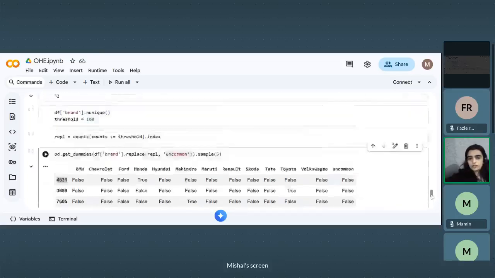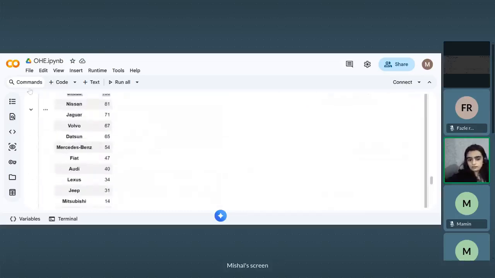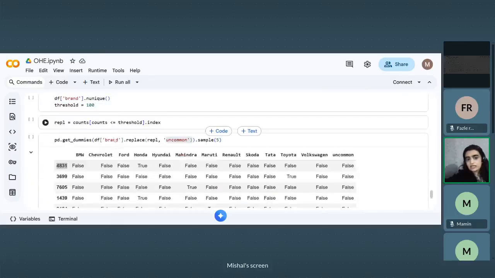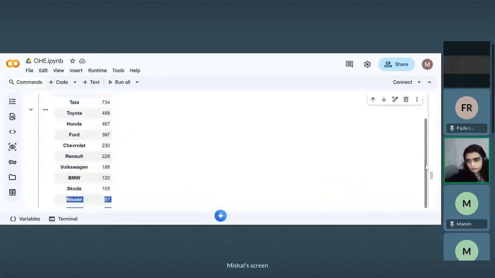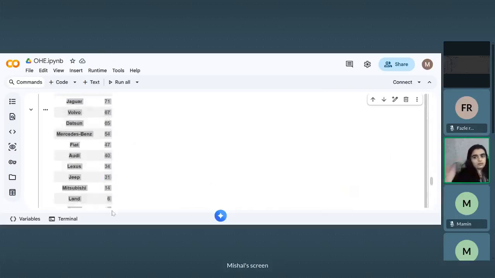Now, the point is when we are dropping these ones, like the Nissan or these ones, it means we are losing lots of data. 81 of these samples, 71 of these ones. So there will be a lot of data at the end which we will lose. What we can do is make a single column for all of them. For example, a rare cars column.